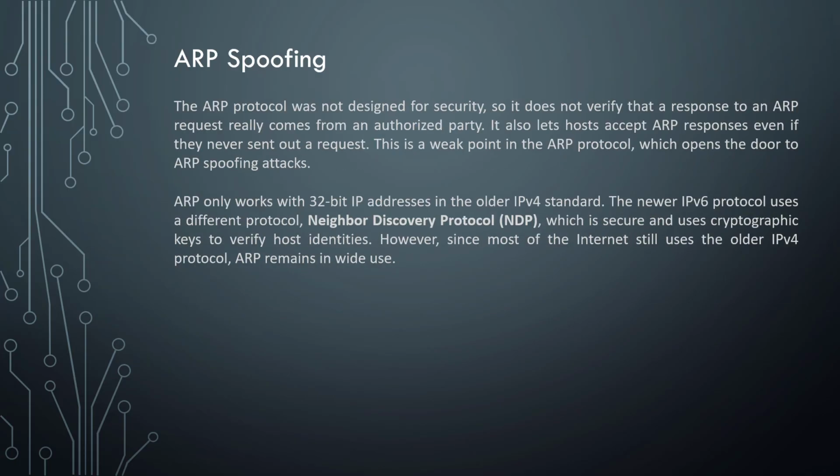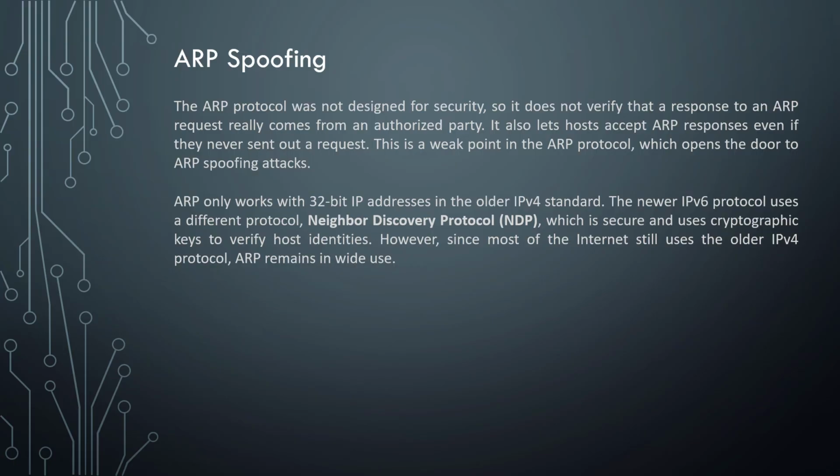So what is ARP spoofing? ARP spoofing is a kind of attack. Here, any unwanted, unauthorized third party can get into the network. If he gets into the network, he can send an ARP response associating his own MAC address with the IP address of the router, so that the sender's machine masks the router's IP address with his MAC address.